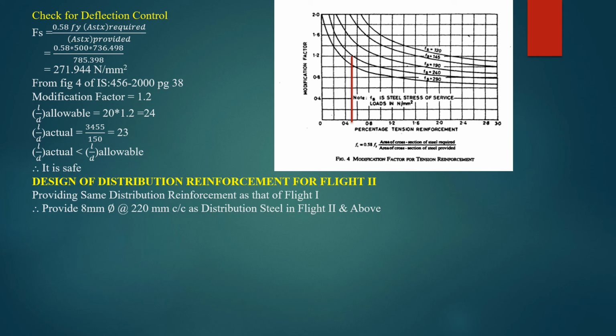Therefore, we can simply say that we provide 8 mm bars at 230 center to center as distribution reinforcement in flight 2 and above. Whatever the floor may be, the distribution reinforcement for the flight will be the same. Just the main reinforcement will change. So let us move to the next slide.